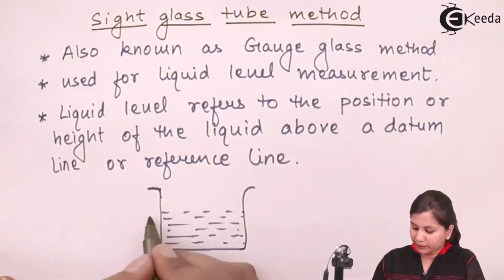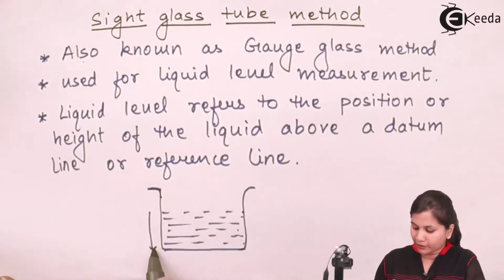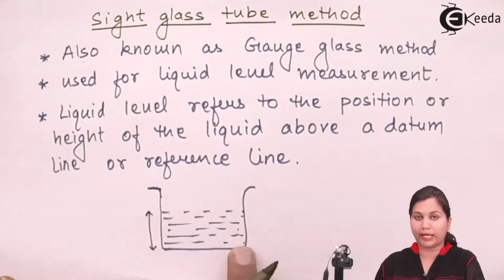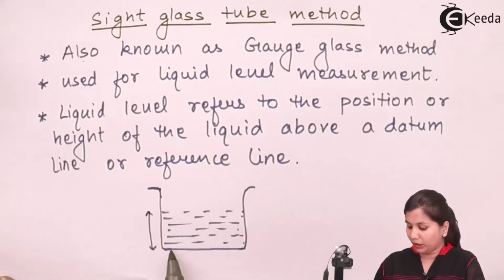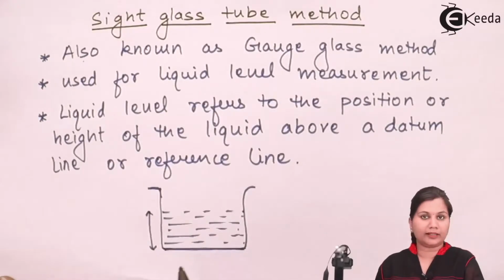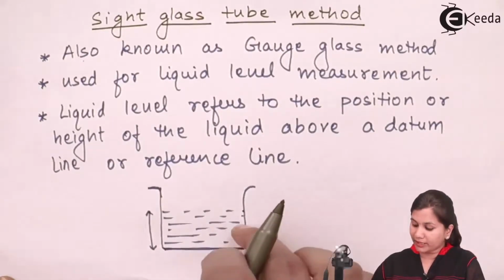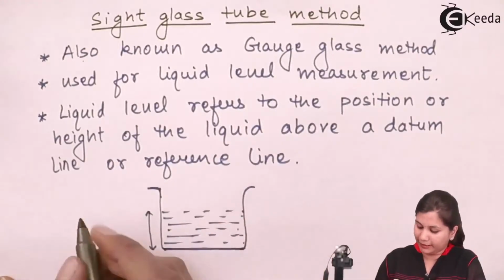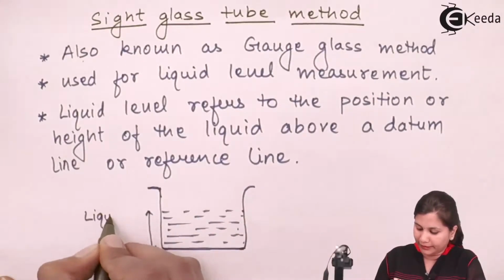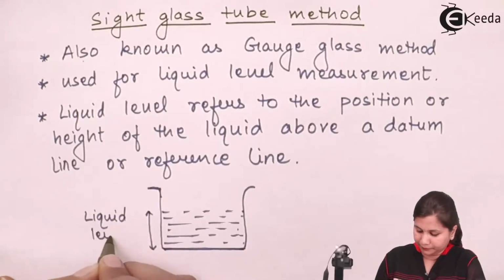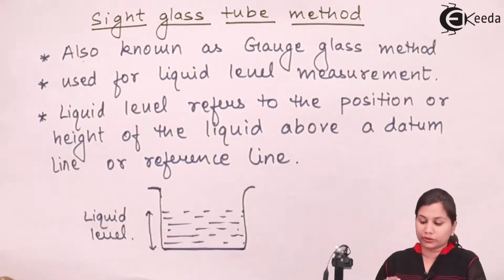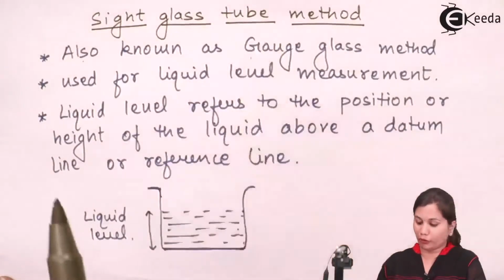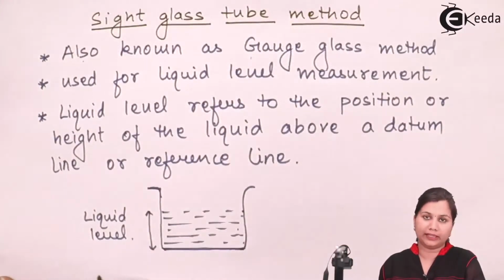So what we will know is the height or the position of the liquid above this datum line or reference line. We are taking the bottom of the beaker as a reference line. The height or position of the liquid above this datum line is called the liquid level. So this sight glass tube method or gauge glass method is used for the measurement of liquid level.